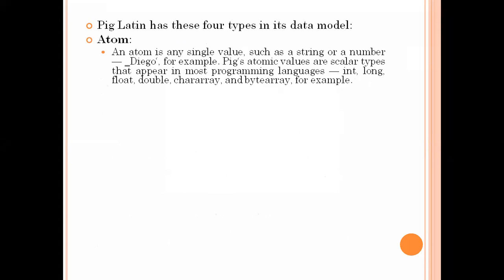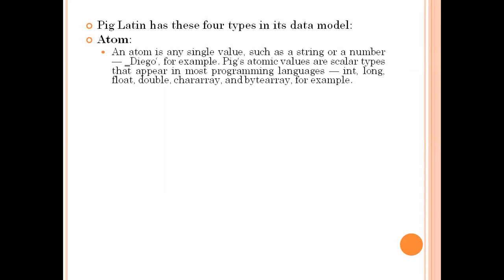So Pig Latin has these four types of data models. One is the atom. An atom is a single value, such as a string or a number. Atomic values are scalar types. So one particular field is known as an atom.